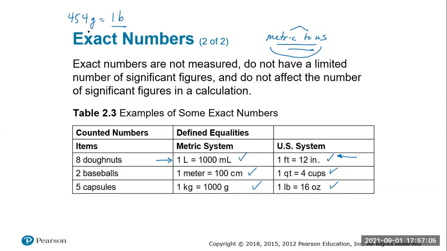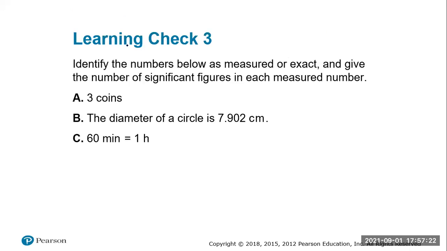Pound is English, grams are metric. We will still consider those exact numbers, with the note that some people don't consider them exact numbers, and they're actually correct. But for us, we'll consider them exact numbers. This will make more sense as we start doing some calculations a little later in this chapter, as to where we would use them or where we would not.